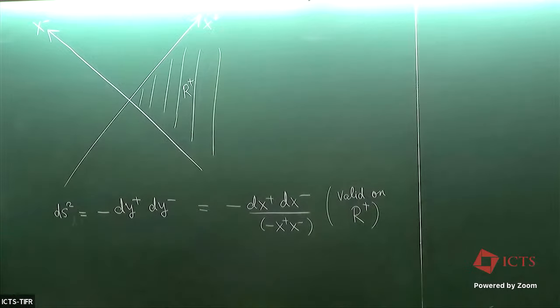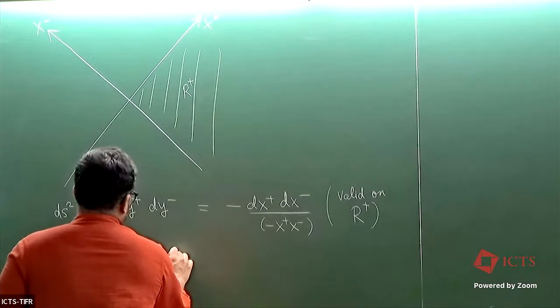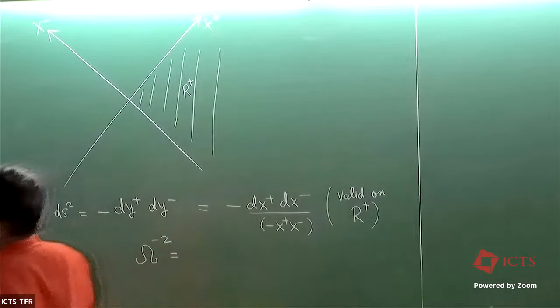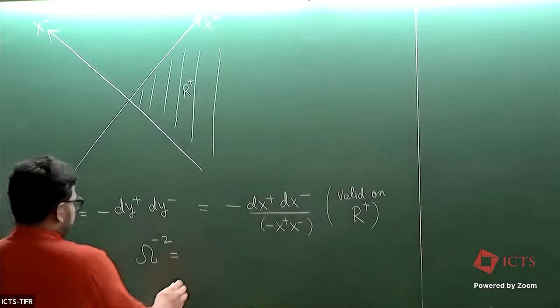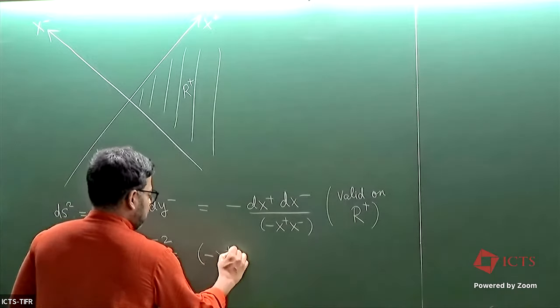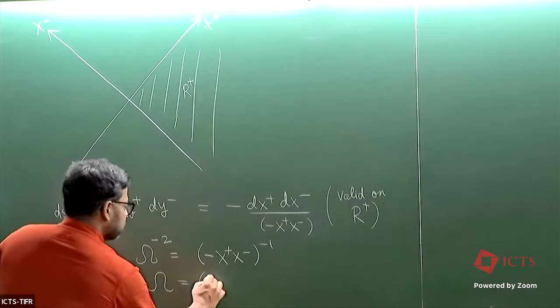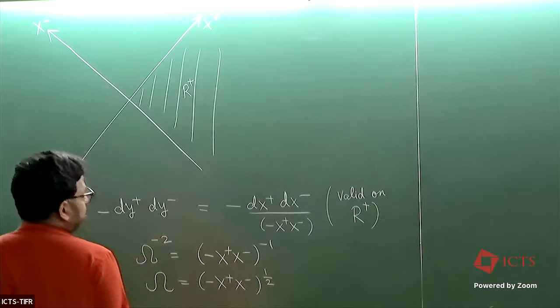Okay, so now we have a form of the metric in the x plus coordinate with an omega, where omega to the -2, what convention did I use? Yeah, so omega to the -2 is negative x plus x minus to the -1. So omega is negative x plus x minus to the 1/2.